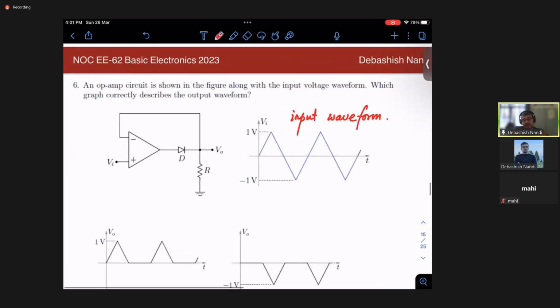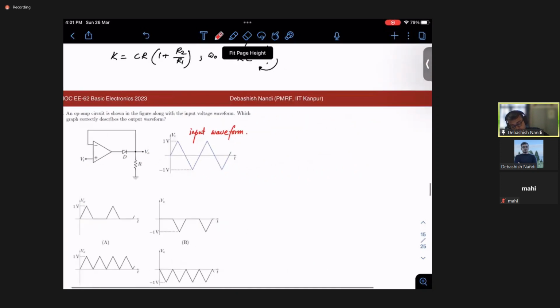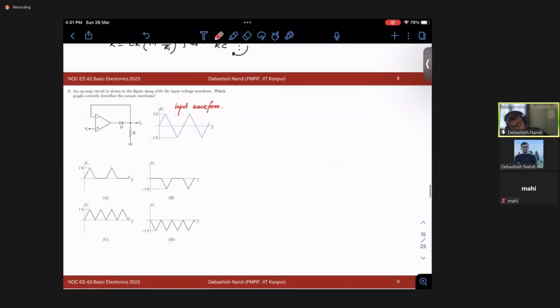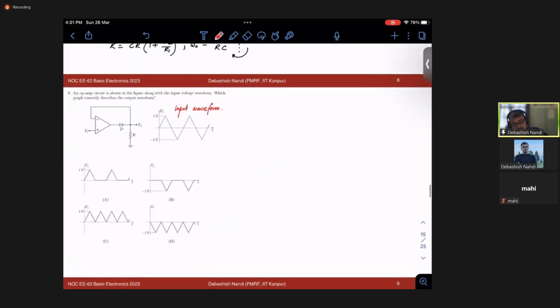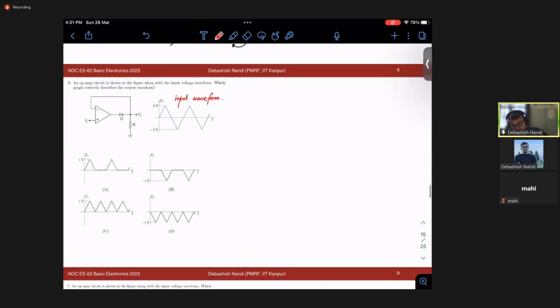So again, first what do we check? We check whether the transfer characteristics or V naught by Vi will pass through 0 or not, right? That means whether the system is a 0 input, 0 output system. That means when Vi is equal to 0, what is my V naught, right?